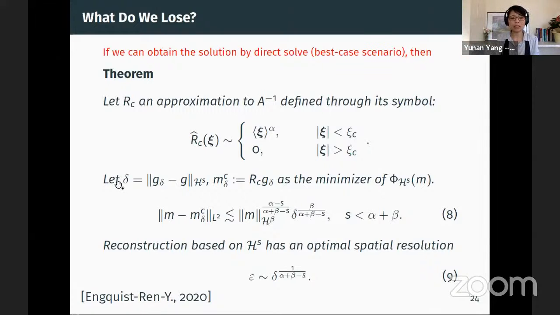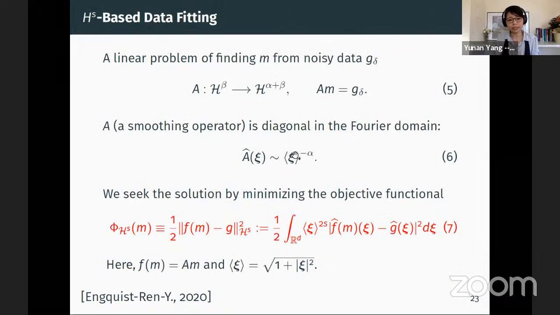So delta here is really the power of noise. Not surprisingly, the right-hand side estimate depends on how smoothing my operator is, alpha, and also that m belongs to H^beta. And thirdly, also very importantly, which objective function I use to do this inverse data matching.